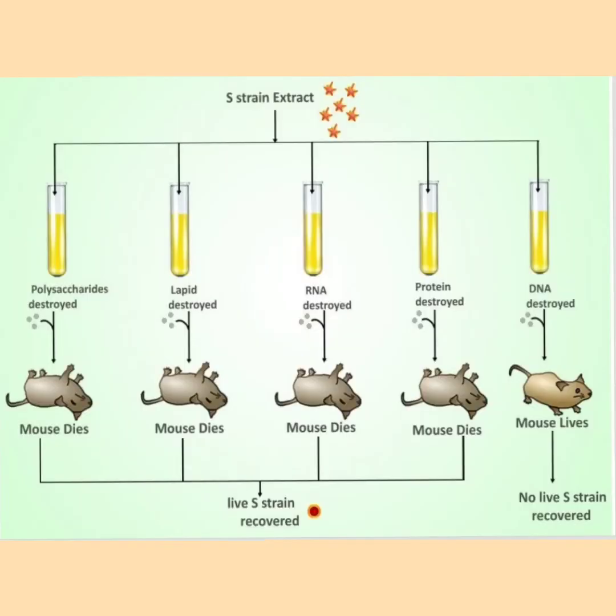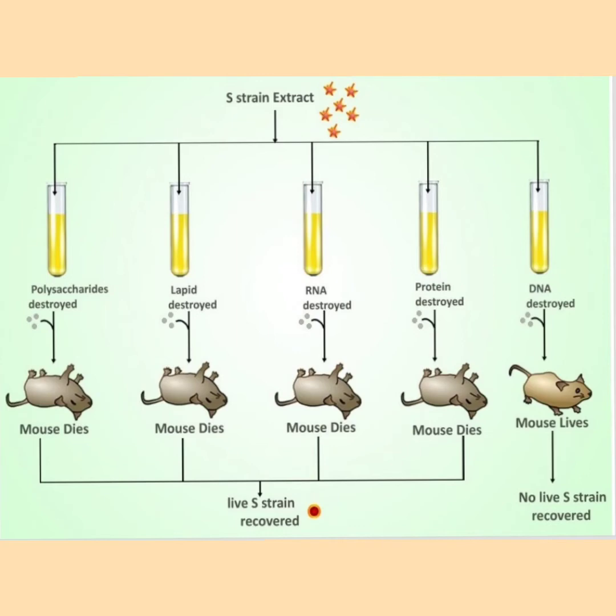Here you can see in this slide the S strain extract, which was devoid of polysaccharides, when given. Since it contained DNA, the mouse dies. In the second sample, in which the lipid is removed, it contains proteins, RNA and DNA, and the mouse dies. In the third sample, from which RNA is removed, again the mouse dies since the DNA is present.